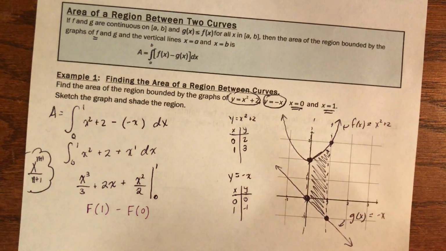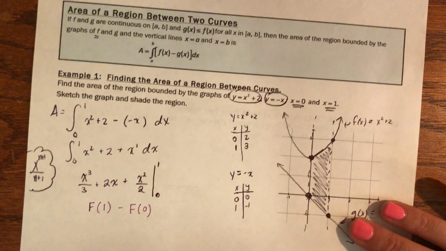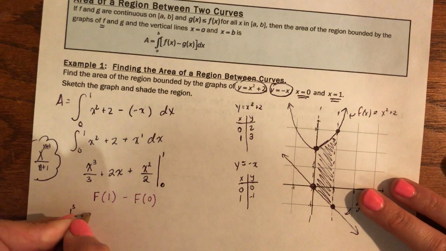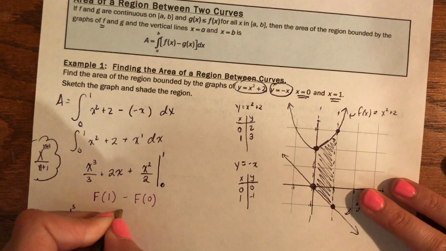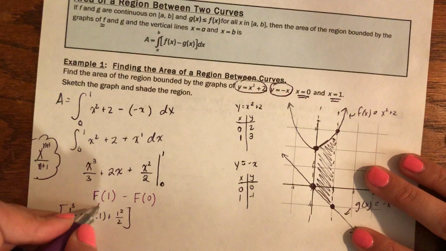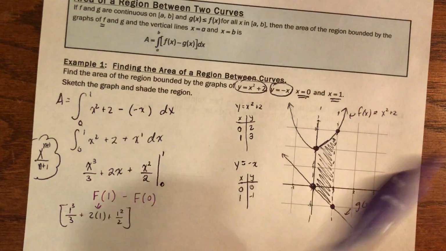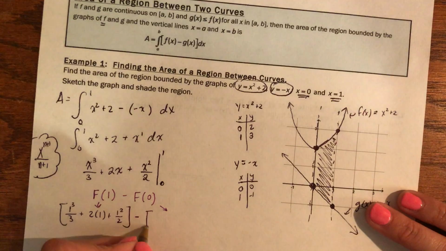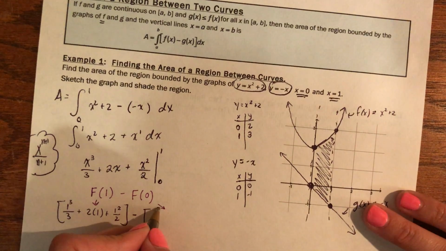Okay, so the way we do that, f of 1, wherever we see a 1, we're plugging in to x. So 1 cubed over 3 plus 2 times 1 plus 1 squared over 2. That's my f of 1. Okay, and then minus my f of 0. Again, wherever I see an x, I'm plugging in 0.